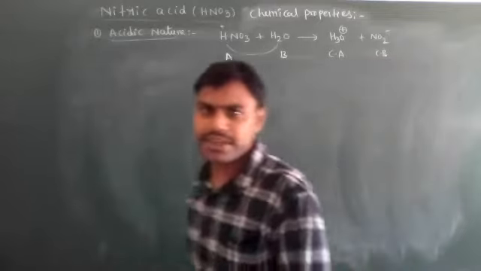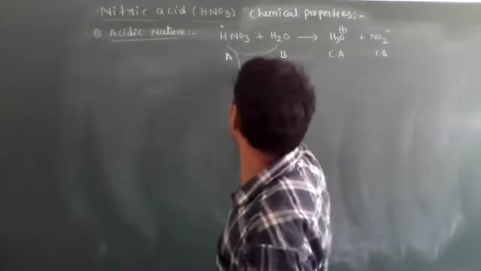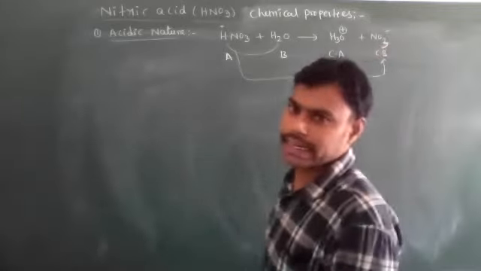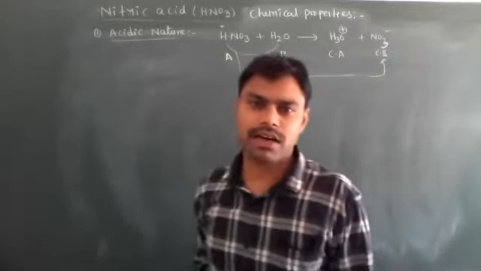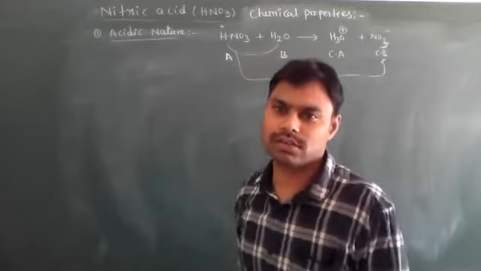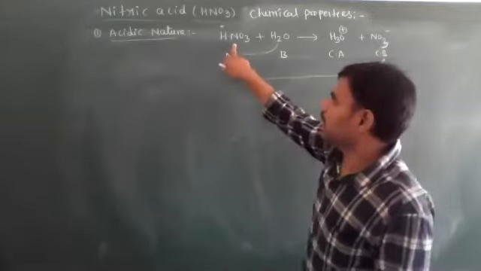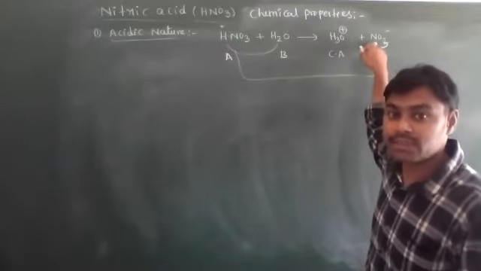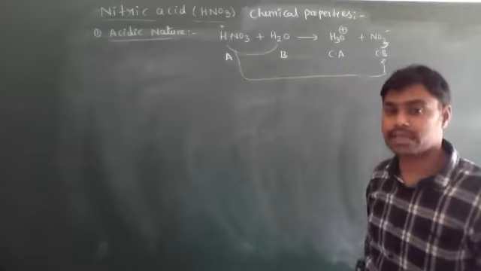So what is the relation between HNO3 and NO3-, the nitrate ion? They differ by one proton. One proton is extra in HNO3 and one proton is less in NO3-. That's why both are a conjugate acid-base pair.